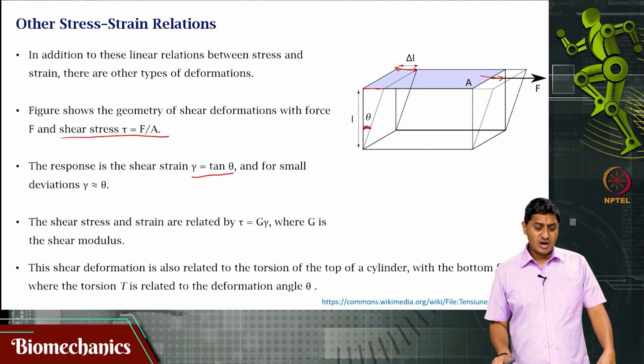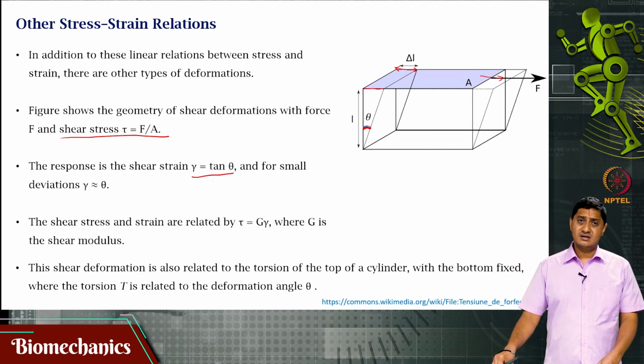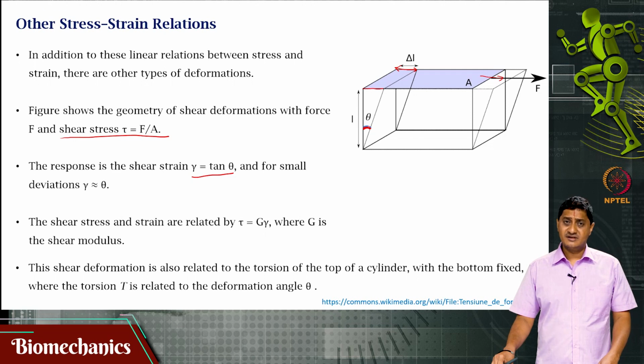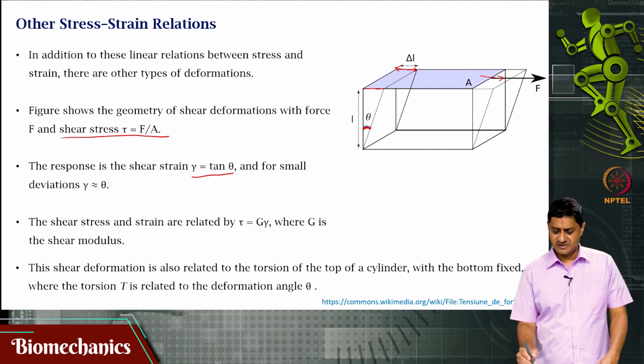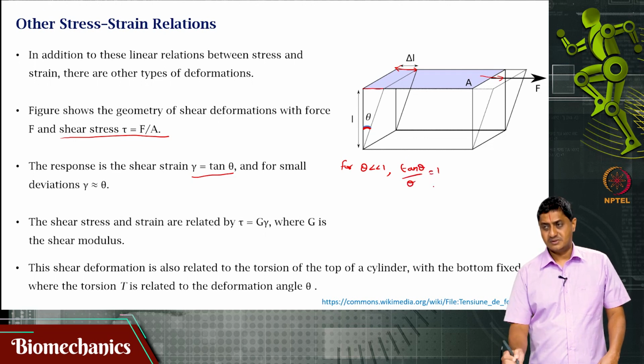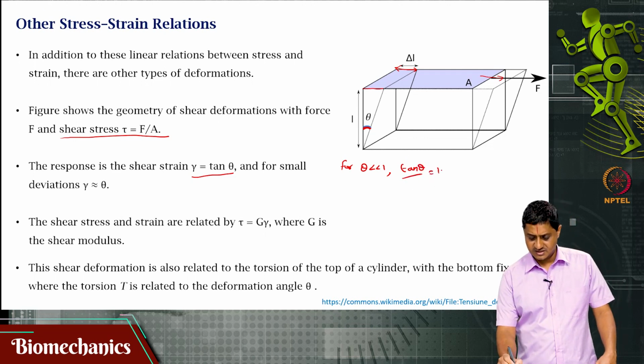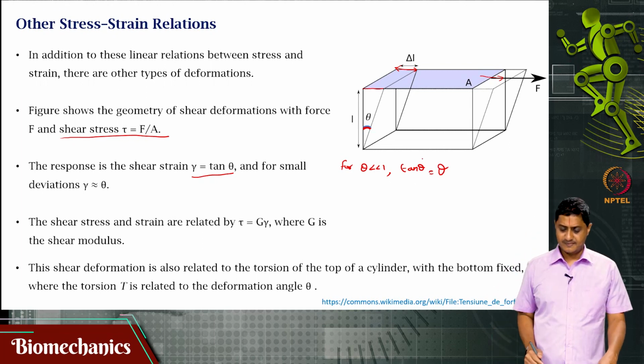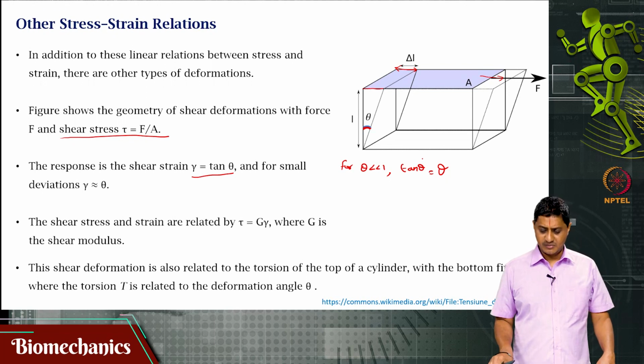Of course, when theta is in radians, for small deviations, for theta much less than 1, tan theta is theta, we know this from trigonometry.